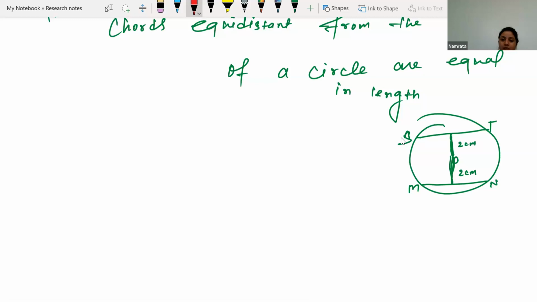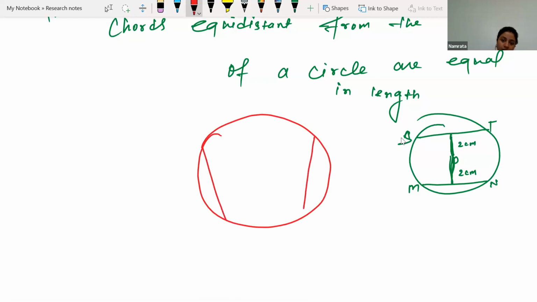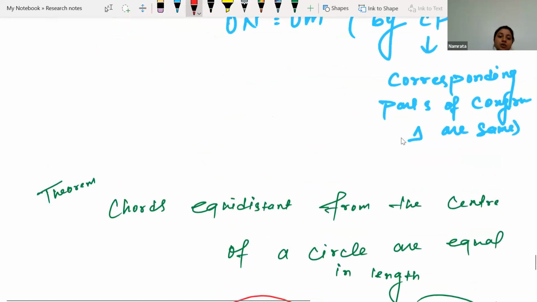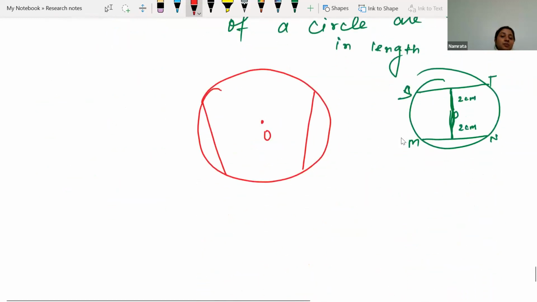So let me plot the diagram at first. Let's say we have this circle. Here we have one chord and here we have another chord. This is the center O. The theorem says chords equidistant from the center, so this distance and this distance are both the same. OM and ON.